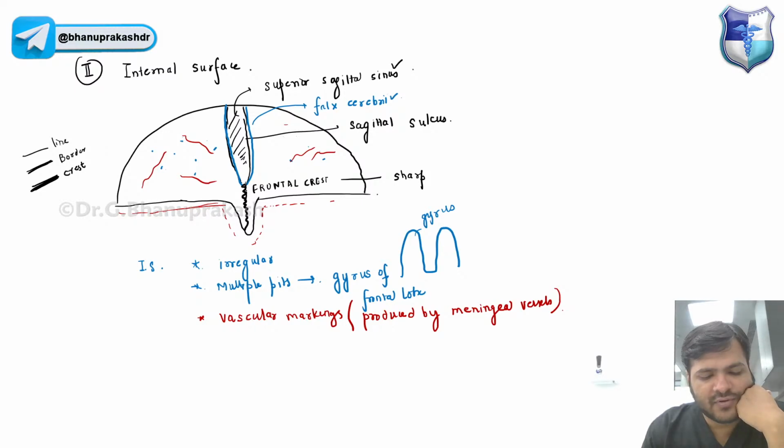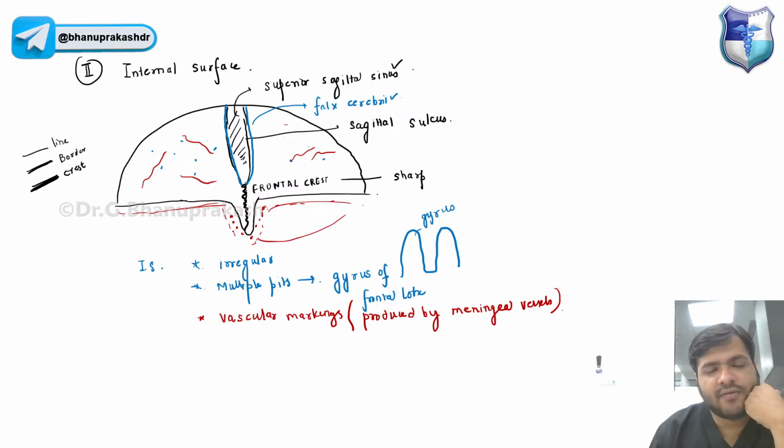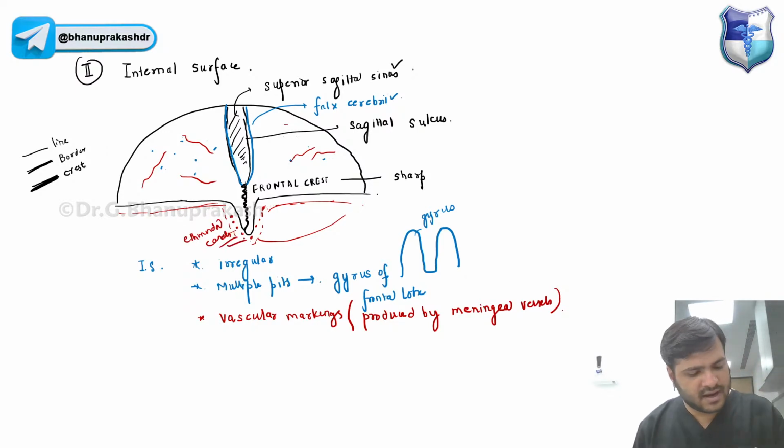That is something you have to remember. We have ethmoidal canals also situated on the sides, the ethmoidal canals. So that is again something you have to remember in case of these frontal bones.